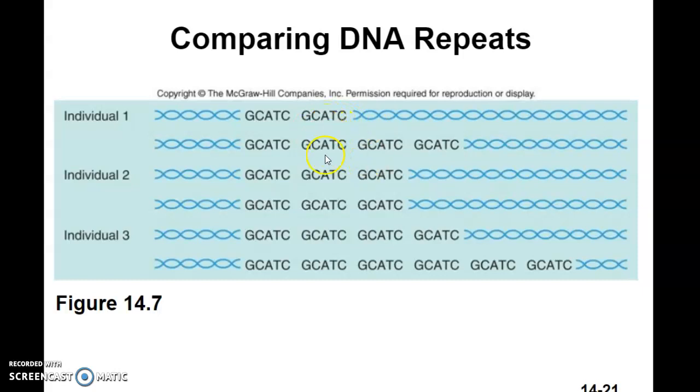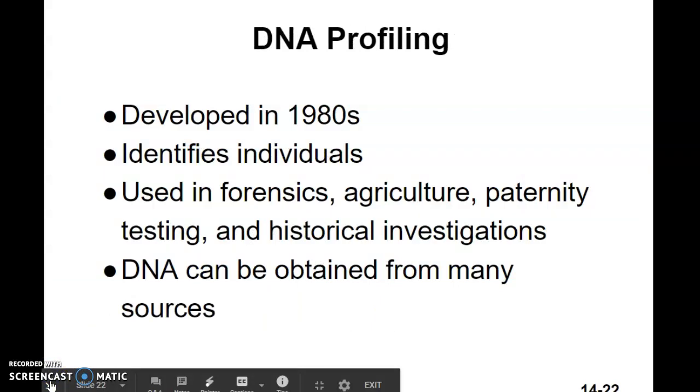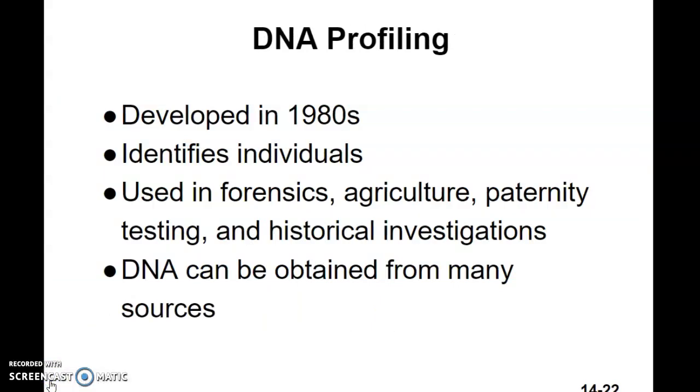Here we have 2 bands, here we just have 1 because they're both the same, and here we have 2 bands. But this one's bigger, so it's going to run slower in gel electrophoresis. So we would see these differences in these DNA repeats. DNA profiling was developed in the 1980s to identify individuals, and we use it for lots of reasons. Forensics, for either criminal investigations or identifying the victim, things like that.